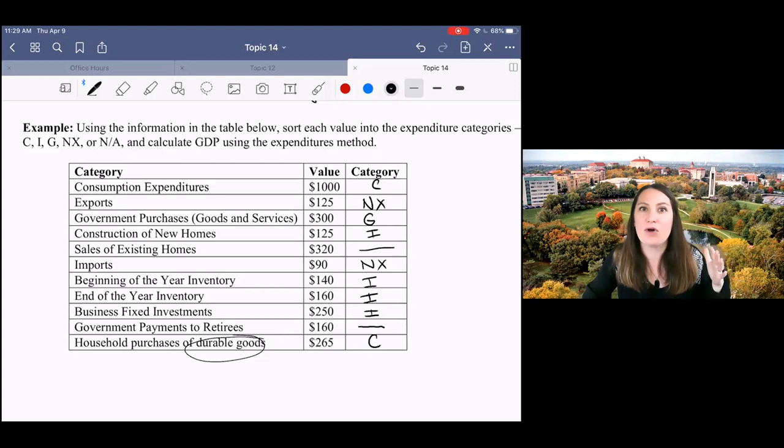All right, so why do we care about that? Well, we care about that because these are purchases that are easy to postpone. And so if you're nervous about the economy, you're not going to run out and buy all new appliances or buy a new car. You'll just stick with the one you have a little bit longer. So household purchases of durable goods gives us some sense about consumer confidence in the economy, which is in and of itself an important measure of what's going on in the economy.